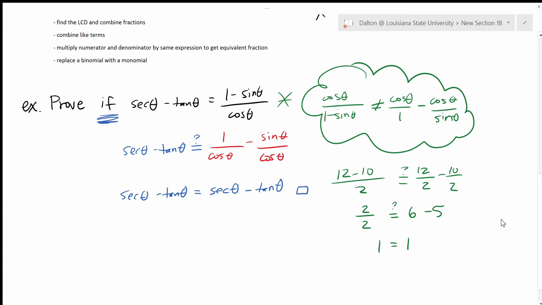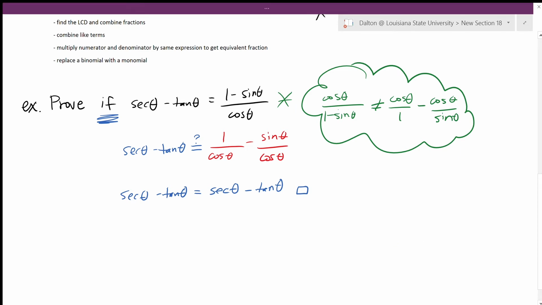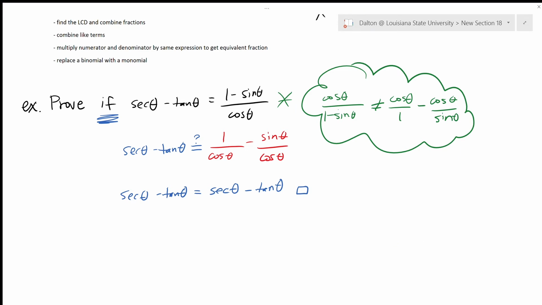Okay, the only thing that I would do, and I'm going to erase my random math over here, anytime you use an identity, you don't have to tell me what identity it is per se, but out to the side, I would go ahead and write identity, just so that the reader of your proof knows what you're doing beyond basic algebra.